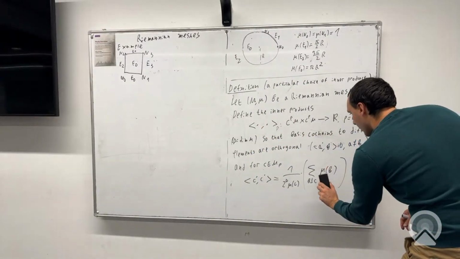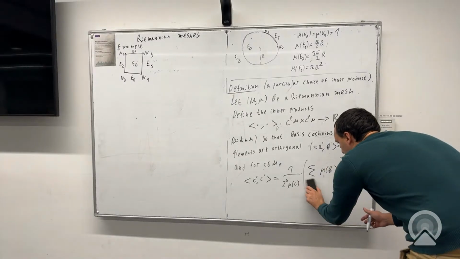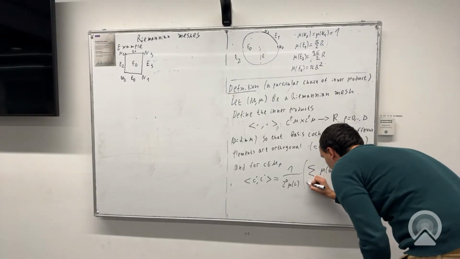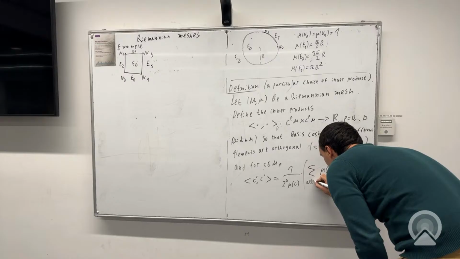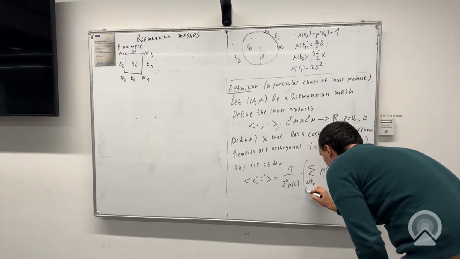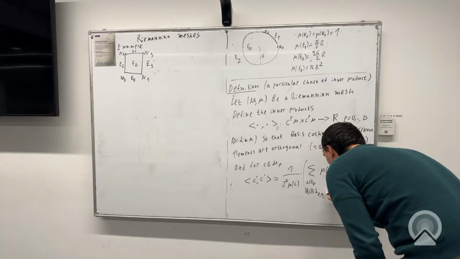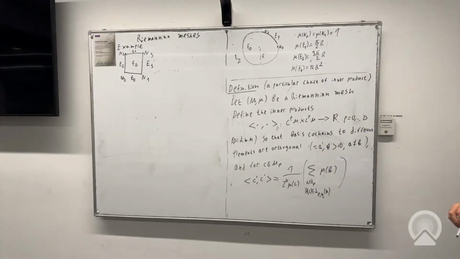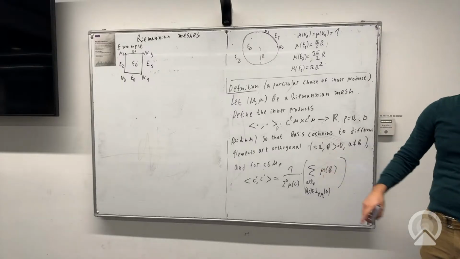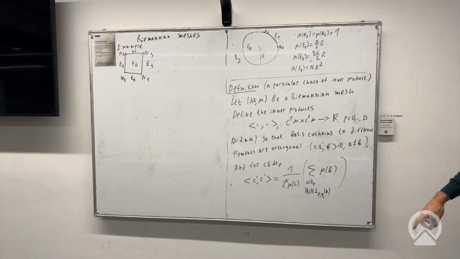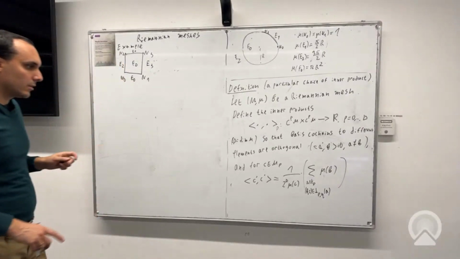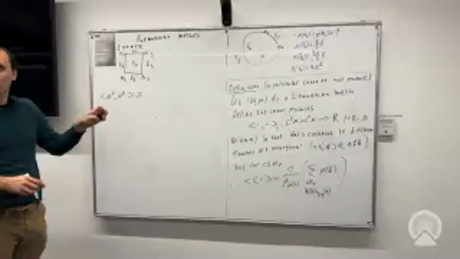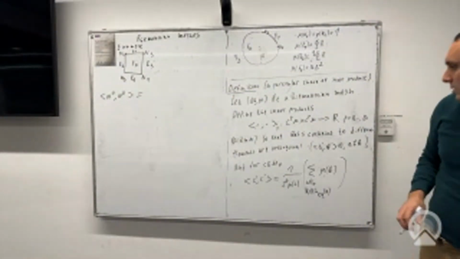So, somewhere A is a D cell and BC is perpendicular to A. Yes, this is the right definition. The previous was kind of true when it's not convex.